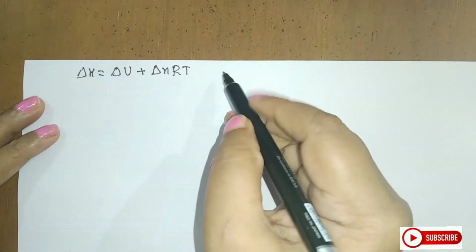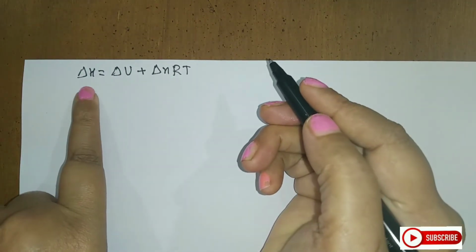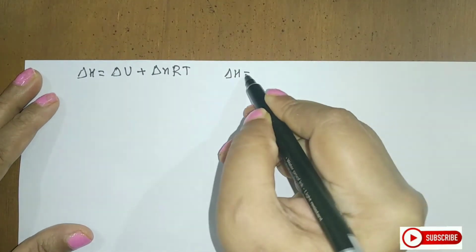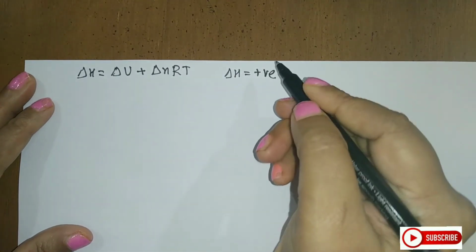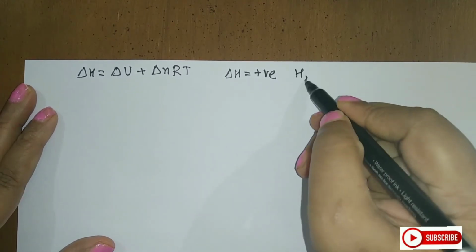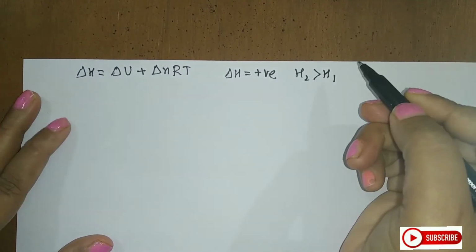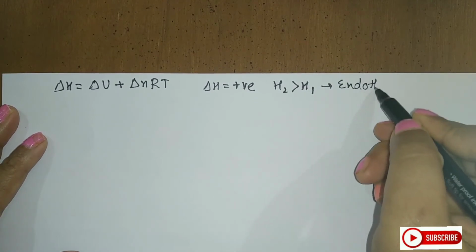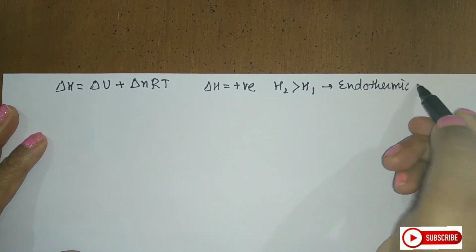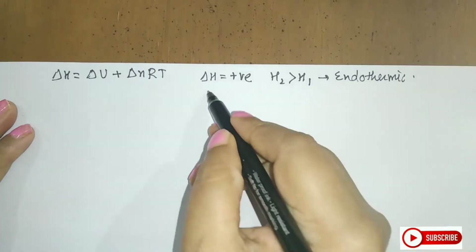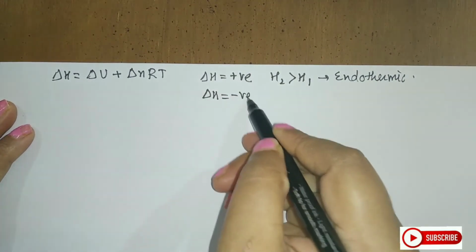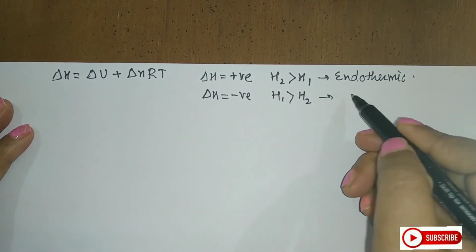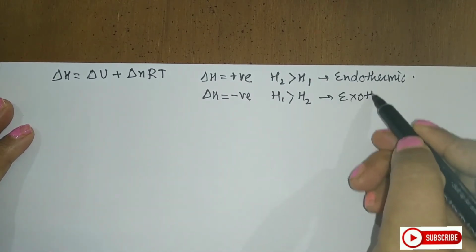If your delta H value is positive, it means H2 is greater than H1 and the reaction will be endothermic in nature. While if delta H is negative, then your H1 value will be greater than H2 and the reaction will be exothermic in nature.